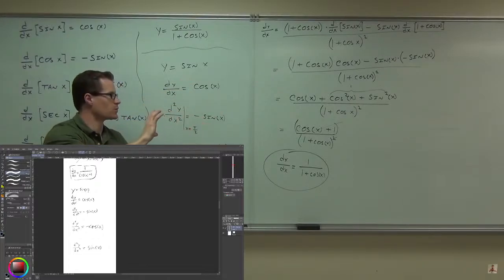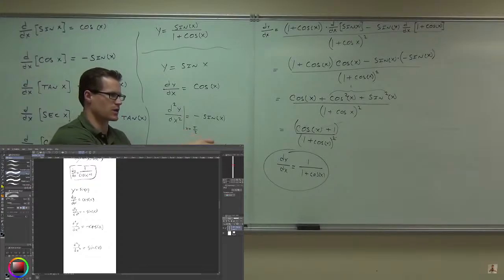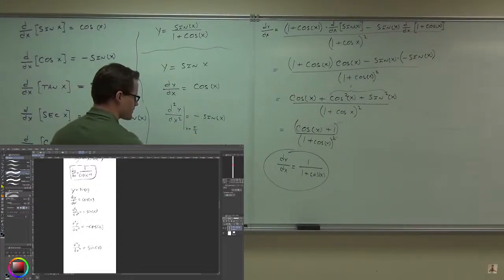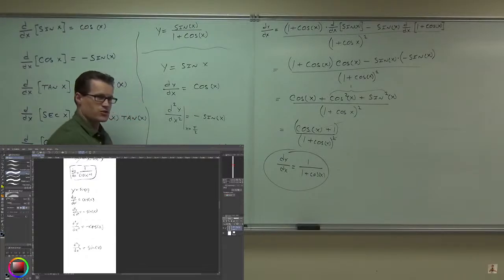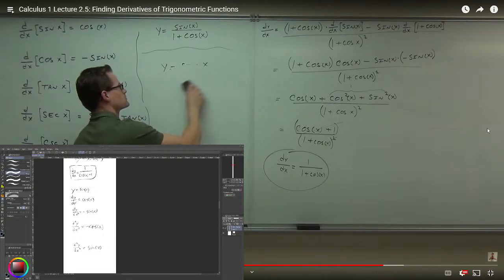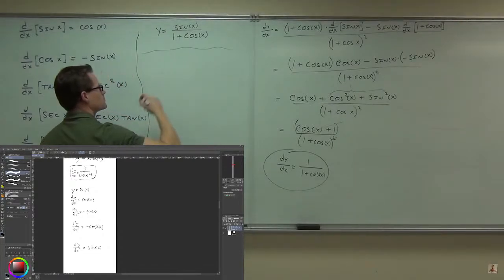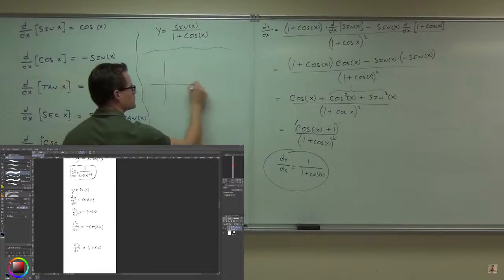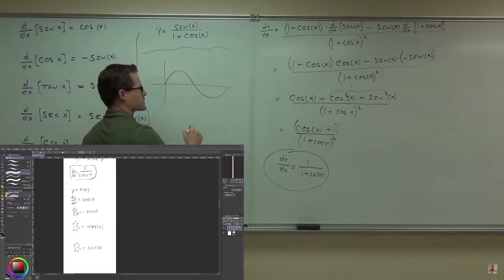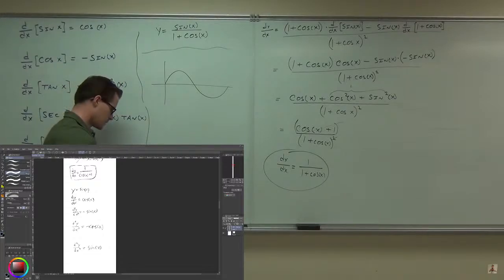Remember, we're talking about the slope of the entire function. So we're not saying as you go 4 periods or 4 cycles to the right. That's not quite what we're doing. We're talking about the slope of the curve. So, for instance, it's going to be very hard for me to draw this, but this is the idea. That's sine, right?